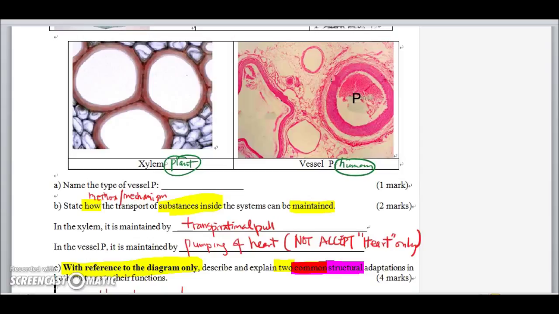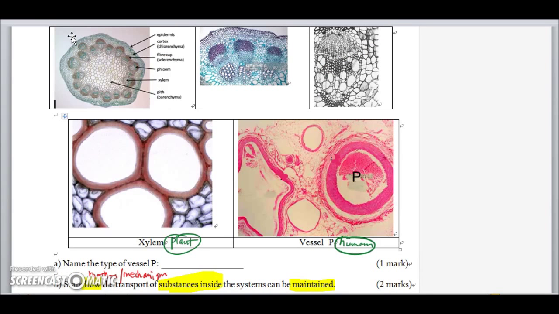So for question 5, when you look at the diagram, one of them comes from a plant, the other comes from a human. And if you have no idea what they are, let's take a look back. Actually, the tissue here comes from the stem of a plant.